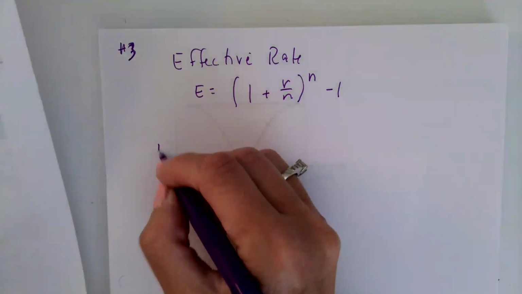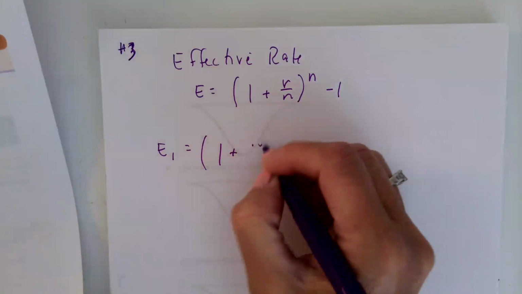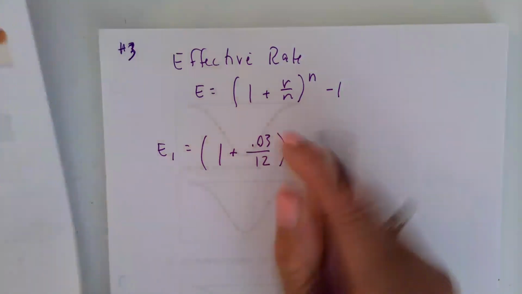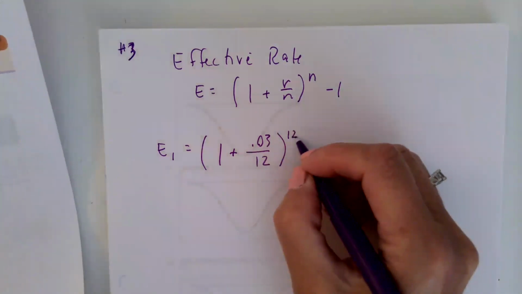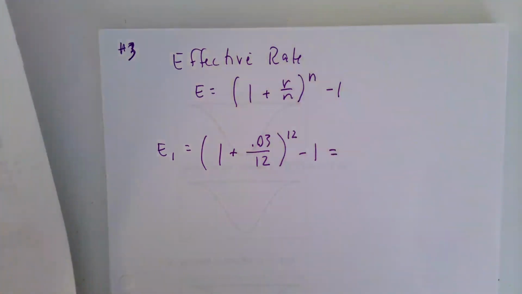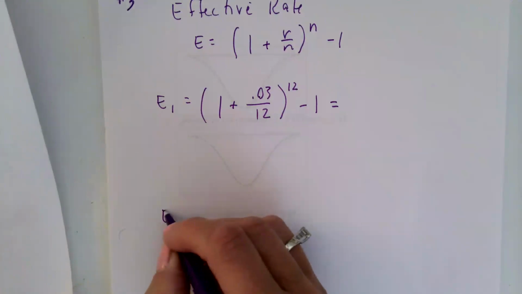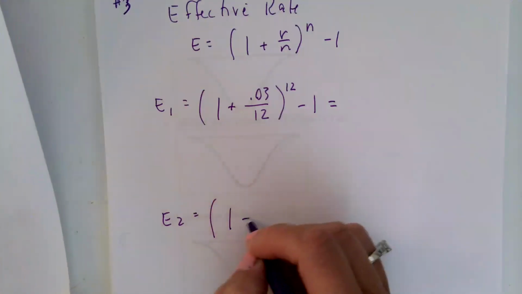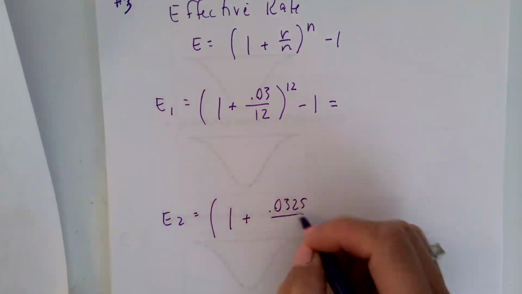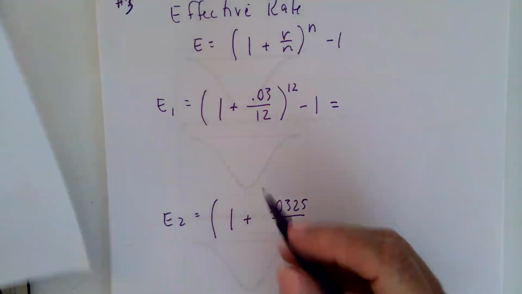So that means we'll say E1 for the first situation is 1 plus 0.03. Compounded monthly means it's 12. So we also have 12 in the exponent spot. And then we're going to compare that to 3.25% compounded semi-annually. Semi-annually means you're going to do it twice a year.